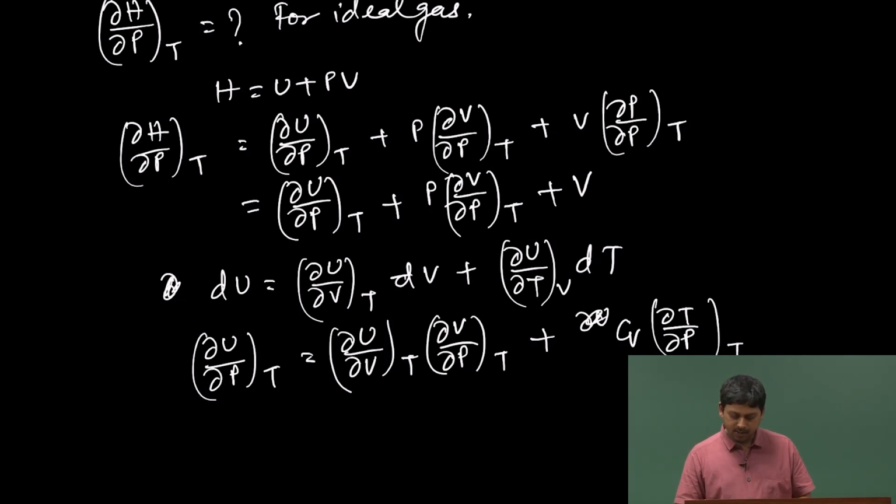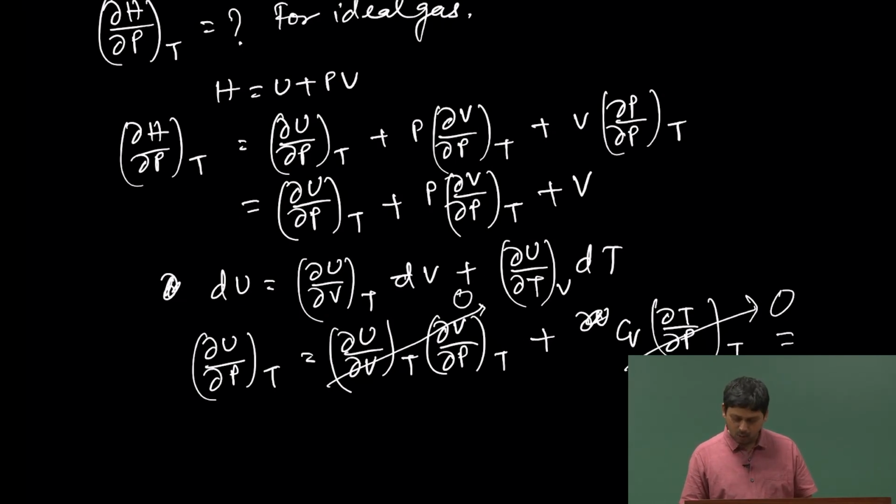Okay. So, here is the interesting thing that comes when I do the derivation. You see what happens? You see that del U by del V at constant T we already know to be 0, right. So, therefore, the whole term is going to be 0, and del T by del P at a constant T is what? 0, right, because we are trying to take a derivative of temperature at a constant temperature.